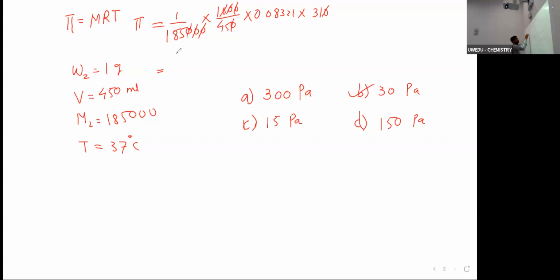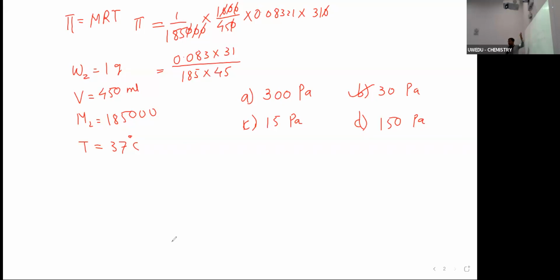So you get 0.083 into 310 divided by 185 into 45. Clear? Whatever value we are getting, that is in bar.